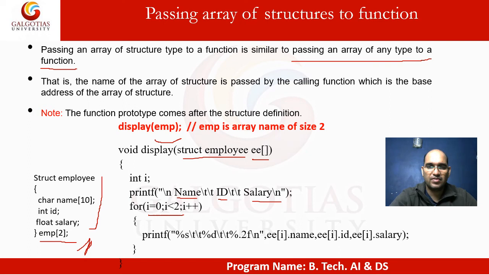It will printf %s, %d and then %f: the first contains the name, the second the ID, and the third the salary. For the first iteration the value of i will be 0, and in the second iteration the value will be 1. Like this, all the structures at the different indices of the array of structures will be accessed and printed here.